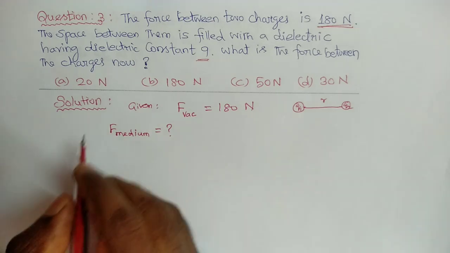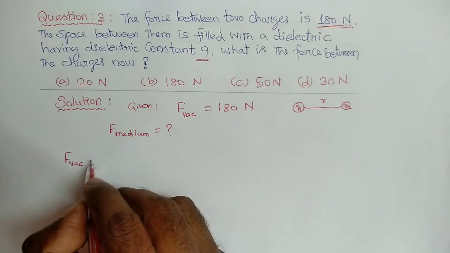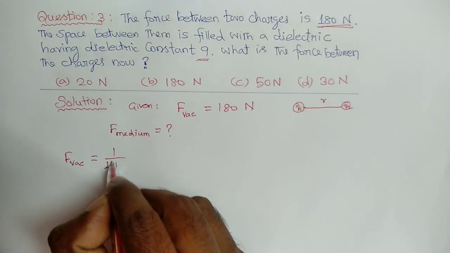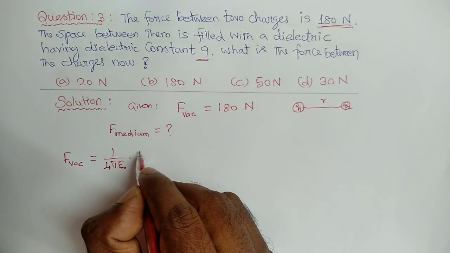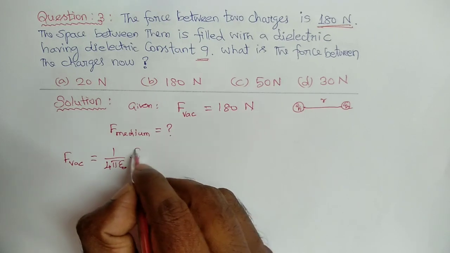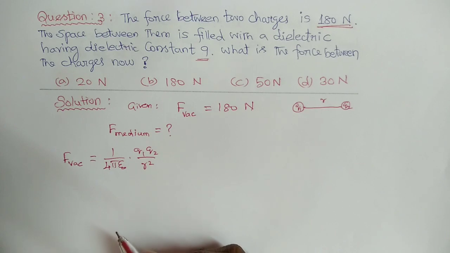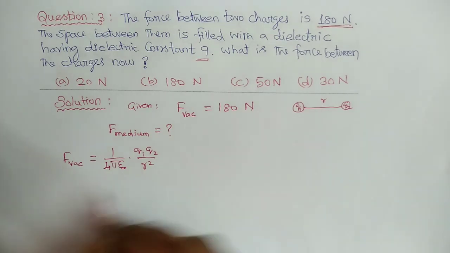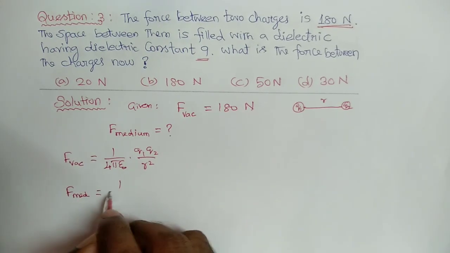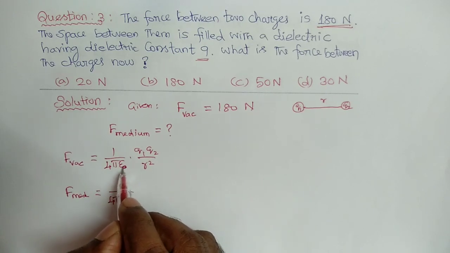So let us write F vacuum. So F vacuum is equal to, according to the Coulomb's law, 1 by 4 pi epsilon naught Q1 Q2 by r square. Okay, so similarly we'll write F medium, which is equal to 1 by 4 pi, here epsilon naught is the permittivity of free space, vacuum.